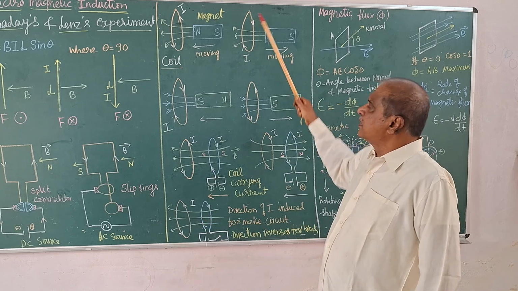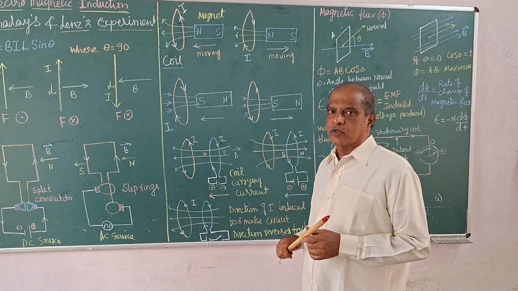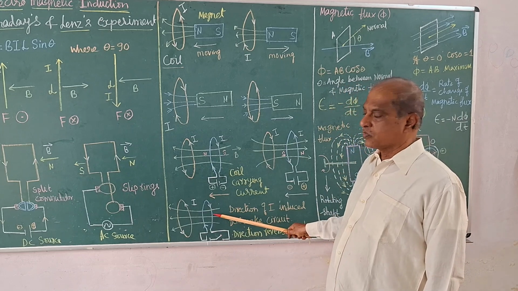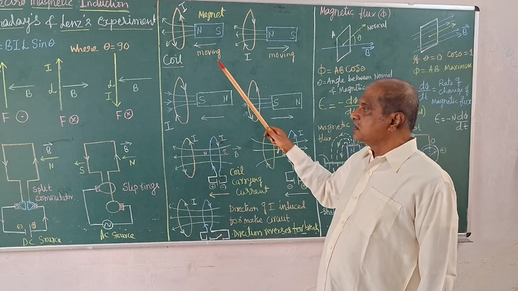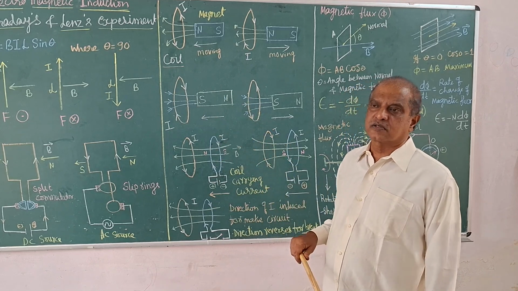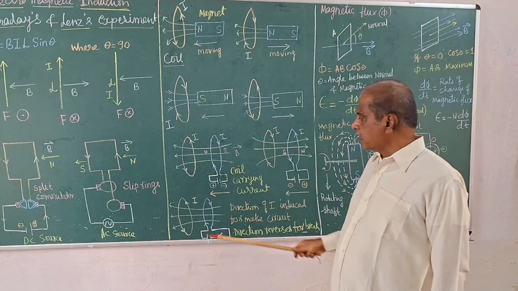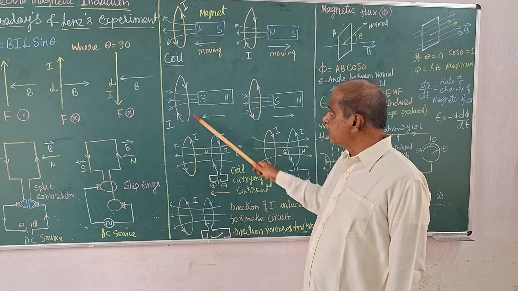In all these experiments, it is observed that there is a change in magnetic flux. Here the magnet produces the magnetic field. There is a change in magnetic flux in the area occupied by the conductor. This is the area of the conductor occupied.